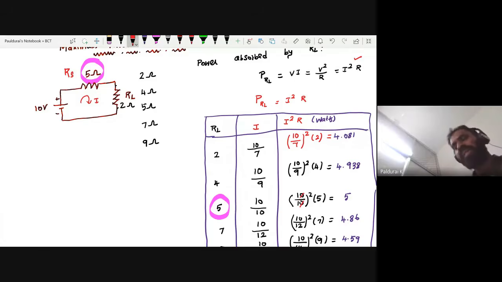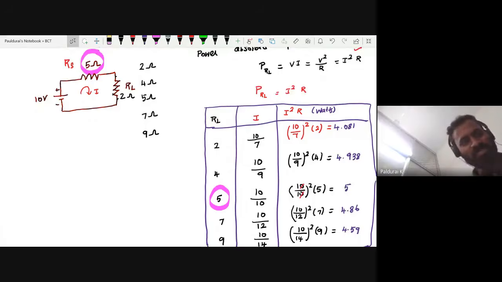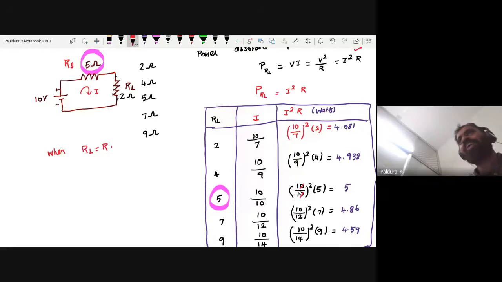So when are you getting maximum power? When load resistance equals source resistance, RL equal to RS, what is happening? Maximum power is transferred to the load.